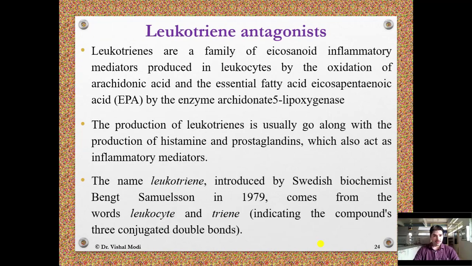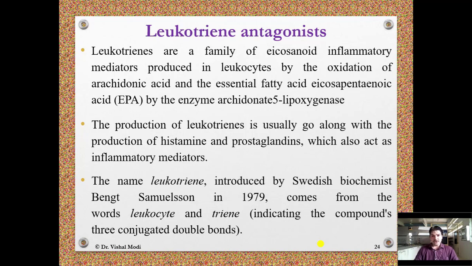Leukotriene antagonist. Leukotrienes are a family of eicosanoid inflammatory mediators produced in leukocytes by the oxidation of arachidonic acid and the essential fatty acid eicosapentaenoic acid by the enzyme arachidonate 5-lipoxygenase.